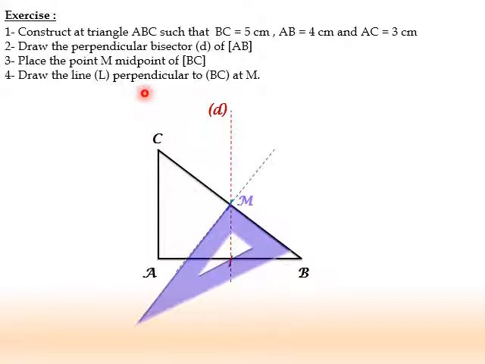I draw it with my set square. And it's line L, the perpendicular to BC at its midpoint M, so definitely L is the perpendicular bisector of BC.